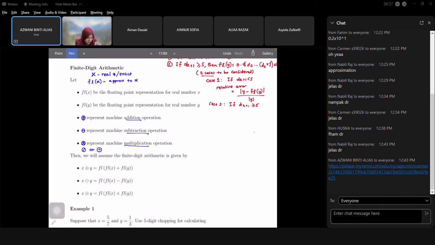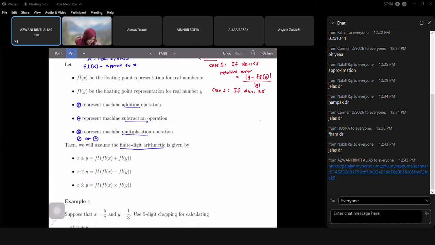Then we will assume the finite digit arithmetic is given by the following.